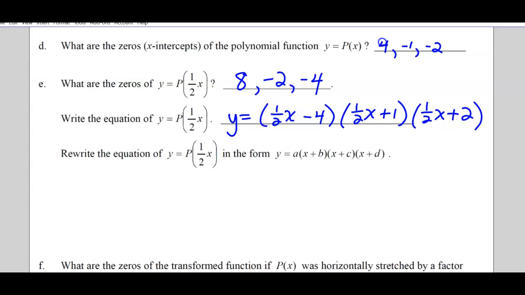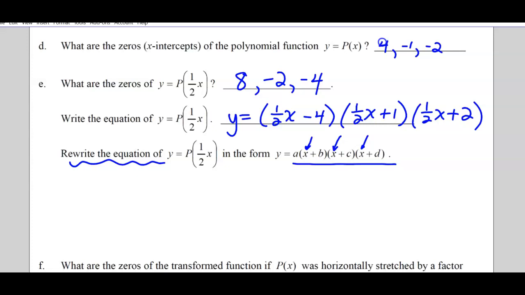Remember when we say express in factored form, we never want fractions or decimals in the factors. So that's the initial substitution, but then we want to rewrite the equation in this form. Notice how the coefficients of x are all 1s. I'm going to give you a minute to do that.